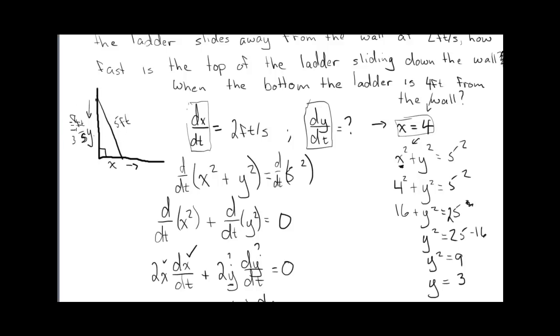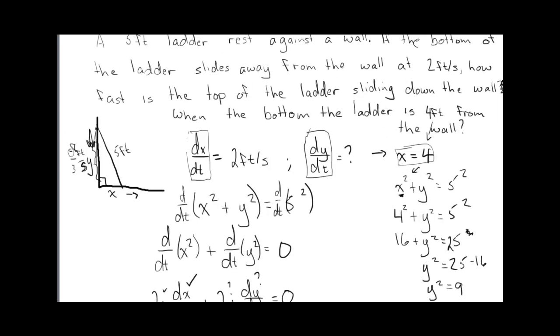So just quickly to mention, why did we get a minus? Well, we got a minus because y is decreasing, right? We're moving down. So this distance y is getting shorter, so it's changing in a negative way. So if you were to answer the question, how fast is it moving down the wall, you'd probably say it's moving down at 8 over 3 feet per second.